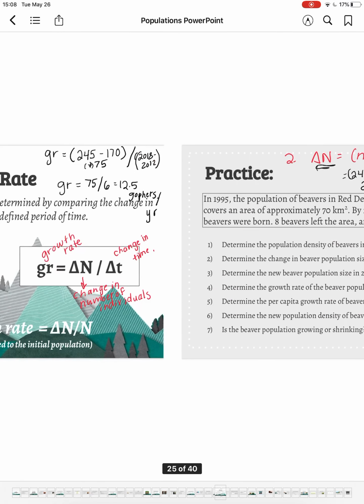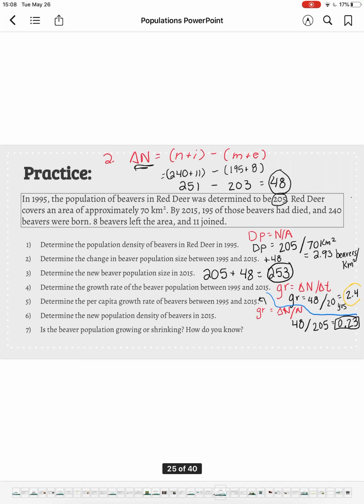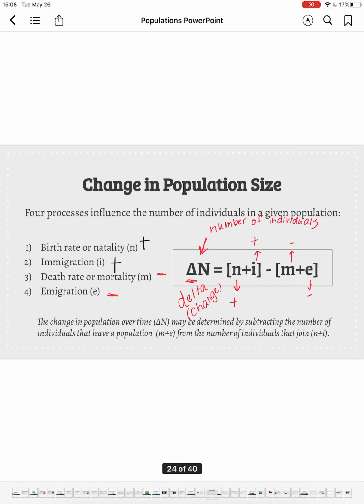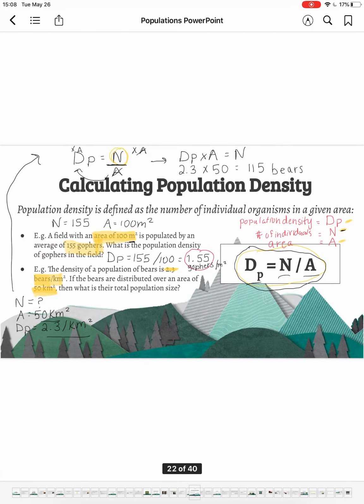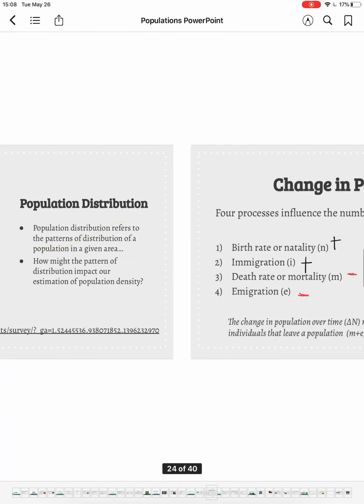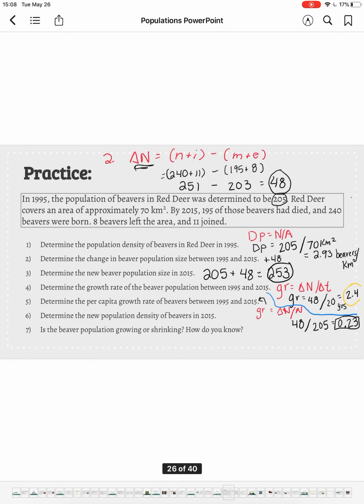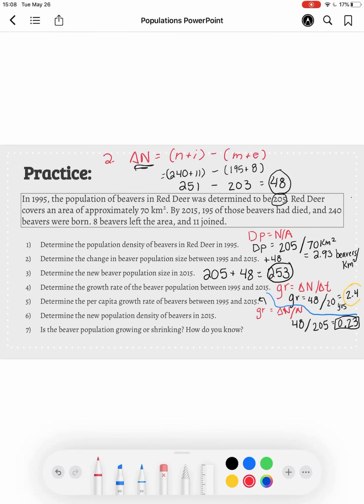So the new population density. If we go back to population density, that's using our DP formula. That's the formula that we used right there. I'm going to write 6 over here. DP is equal to N over A. So what's our new population?